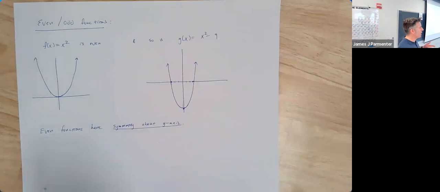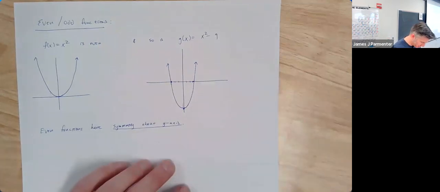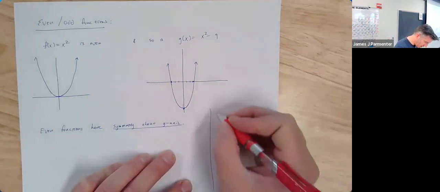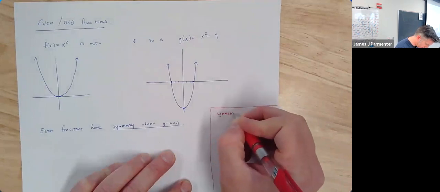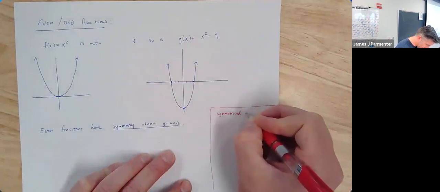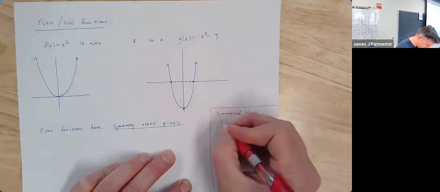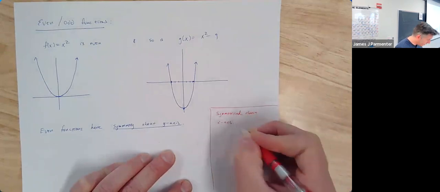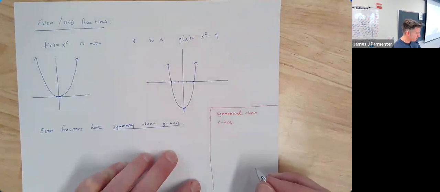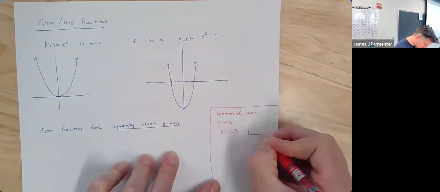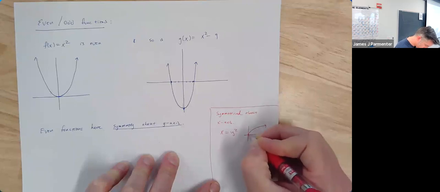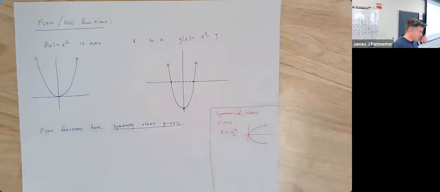But yeah, examples of graphs that are symmetrical about the x-axis, so not even or odd, but symmetrical about the x-axis. I can think of two good examples off the top of my head. One is a rightward opening parabola, x equal to y squared, but not a function, right?